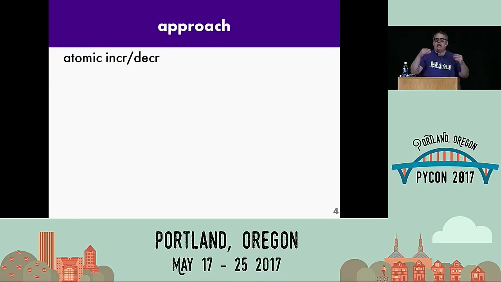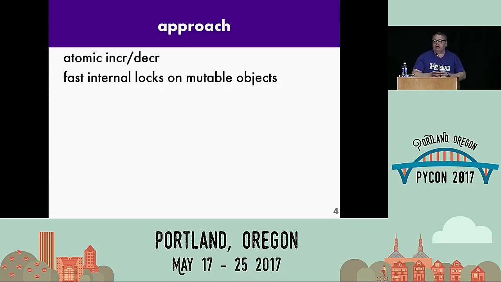You're guaranteed that after you're done, the number has been incremented by 1, and it was done in a safe manner. I added locks to all the internal data structures inside of Python objects that are mutable, like dicts and lists, so that those operations are safe. If you append to a list or set an item on a dict, that has to be an atomic operation. It has to be safe. And so those objects lock themselves internally.